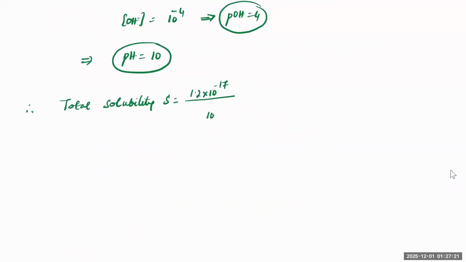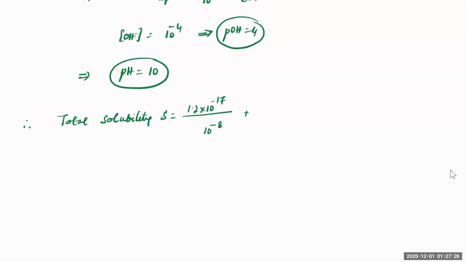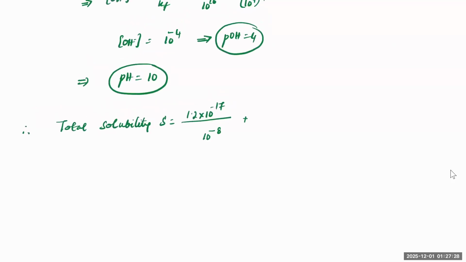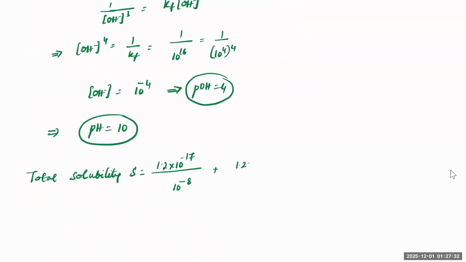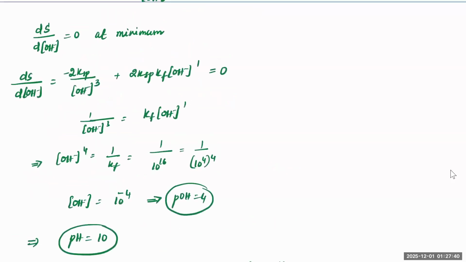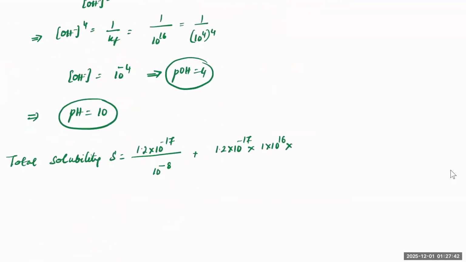Which is 10 raised to power of minus 8, plus the second factor: Ksp 1.2 into 10 raised to power of minus 17, into 1 into 10 raised to power of 16, which is Kf, multiplied by OH minus concentration 10 raised to power of minus 4 whole square.